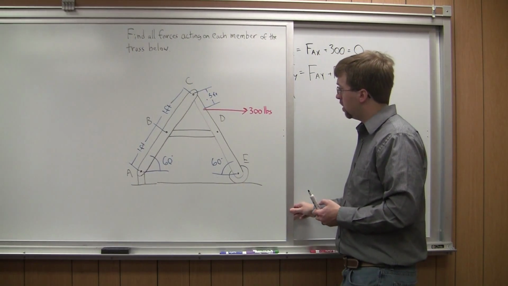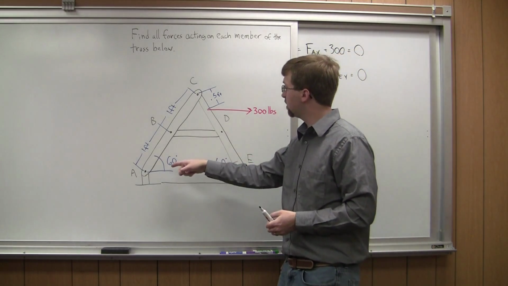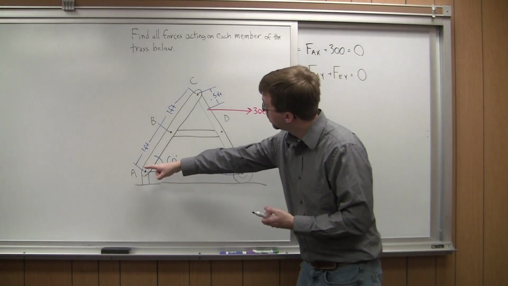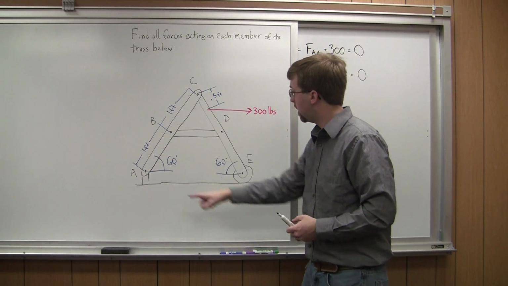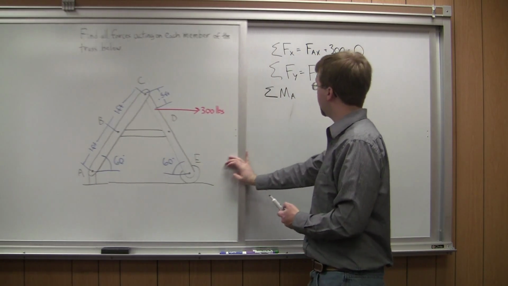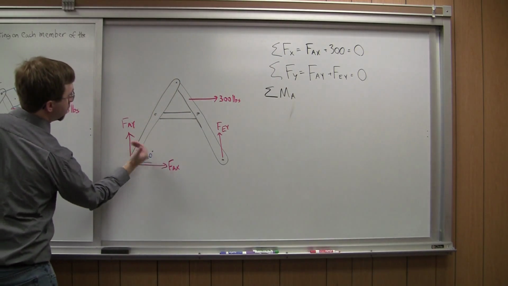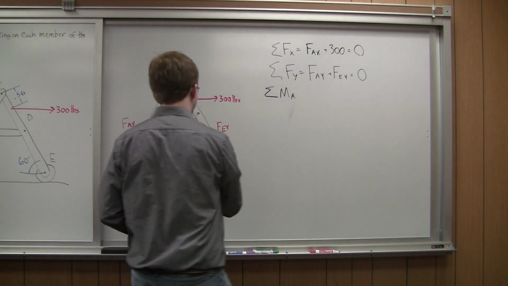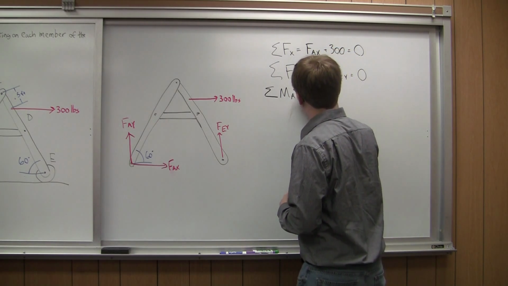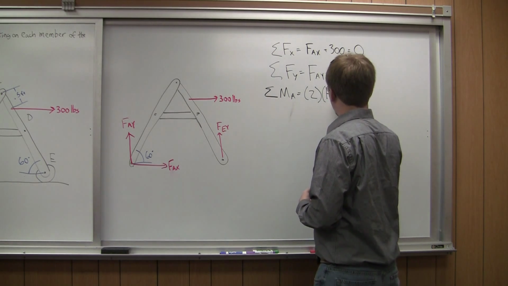Looking at my diagram, I can see 60, 60, and this would be another 60-degree angle up here. It's an equilateral triangle, so if it's 2 feet along this side, it's going to be 2 feet from A to E. This is going to be a positive moment, using my right-hand rule. It's going to be 2 feet times the magnitude FEY, so 2 times FEY.